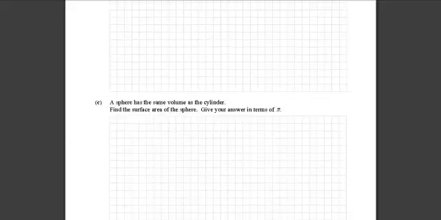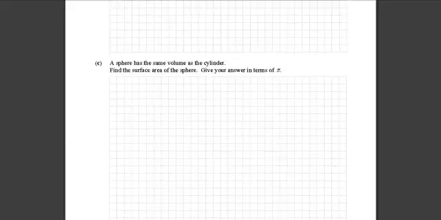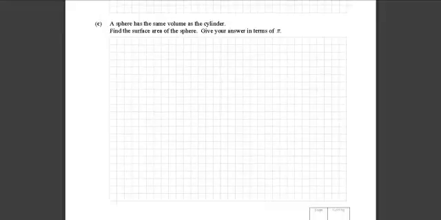And it says part C, a sphere has the same volume as the cylinder. Okay, so we can say that we have the expression for the volume of a sphere, 4/3 pi r cubed, equal to the volume of the cylinder.